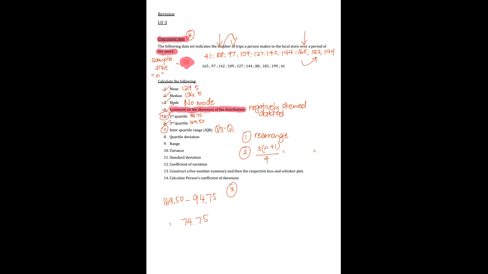So this is then your interquartile range. It's basically a measure of the spread of your data set. So here it was 169.5 minus 94.75, which gave you 74.75. Then I'm just going to write that next to it.